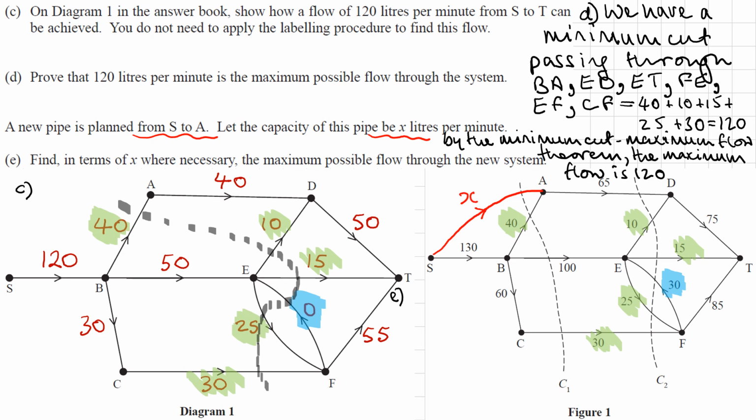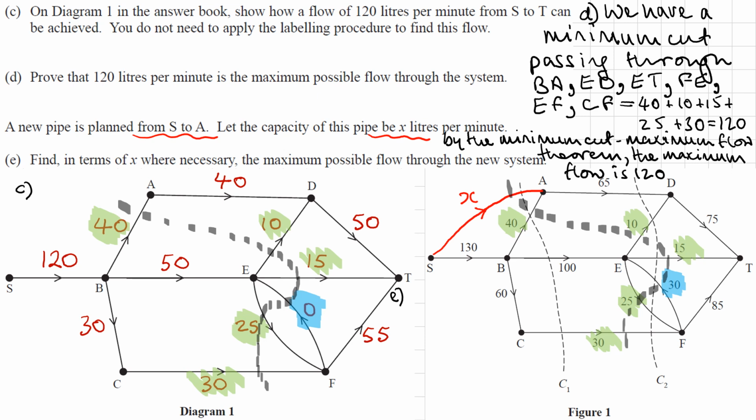Now, if I extended the cut, which I did in part D, I can get it to pass through X. So I can have a minimum cut go through here, assuming that I put X up to capacity. So let's say that it's saturated.